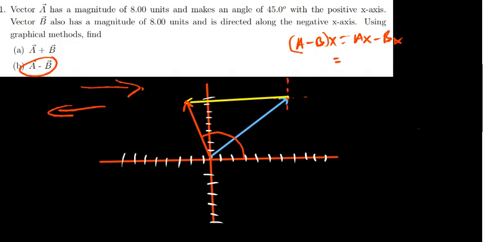Negative 2 point... are you sure that was our ax? 5.66. Then minus, what was our bx? Negative 8. So what would be our answer if we add them? It's going to be 13.66.